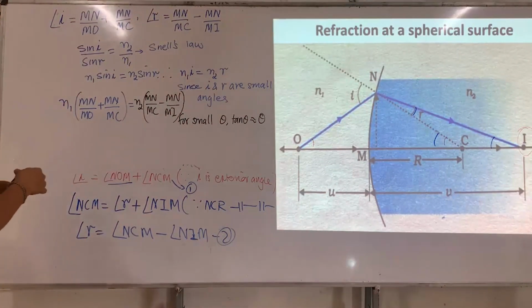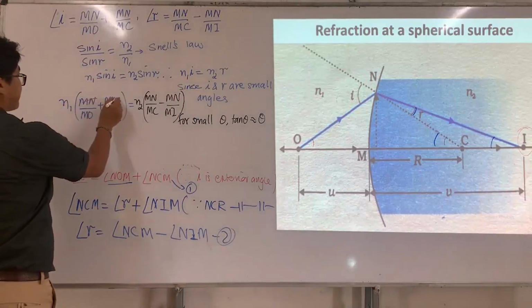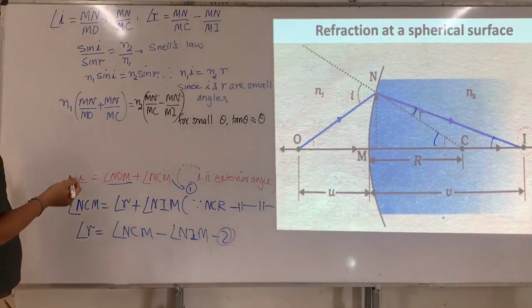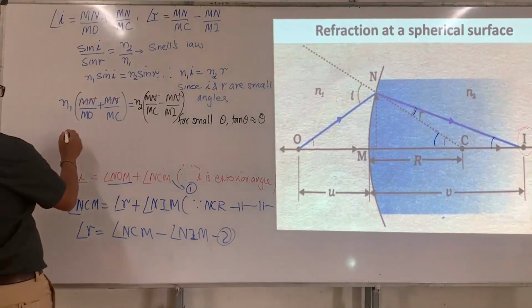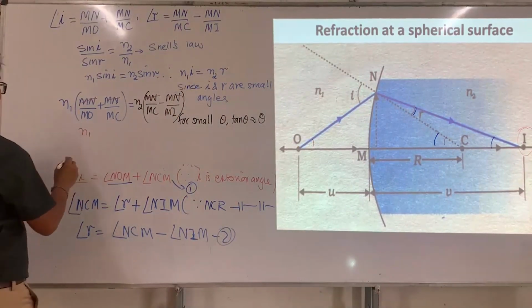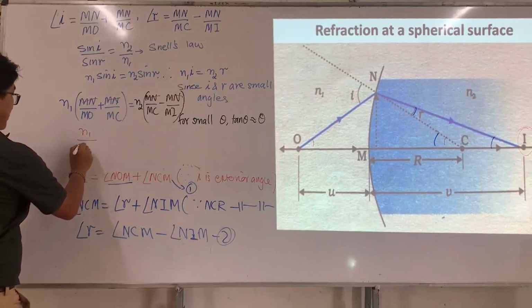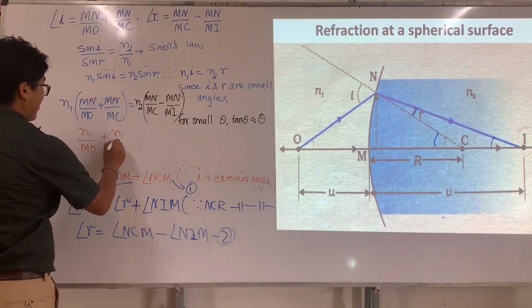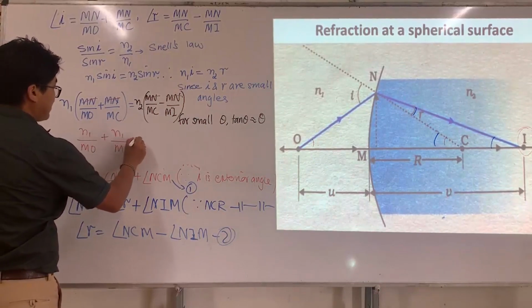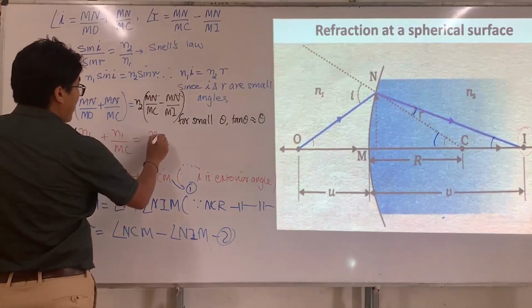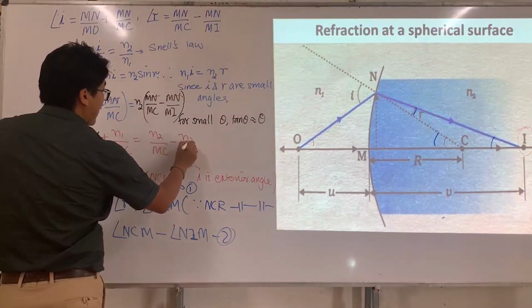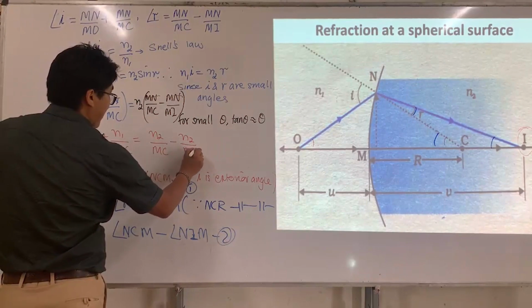Alright, so now cancel out. Finally, what we get? N1 divided by MO plus N1 divided by MC is equal to N2 divided by MC minus N2 divided by MI.